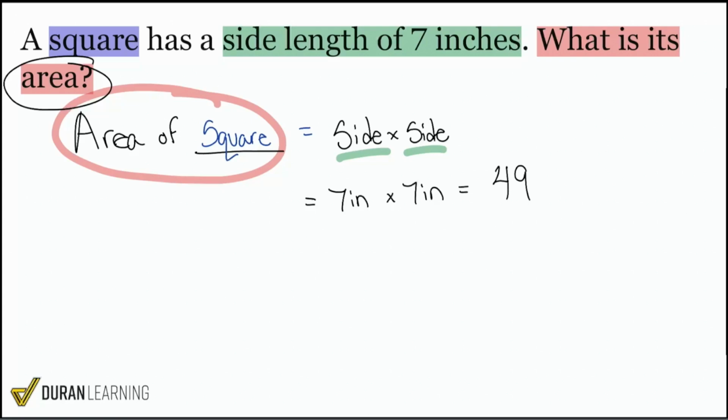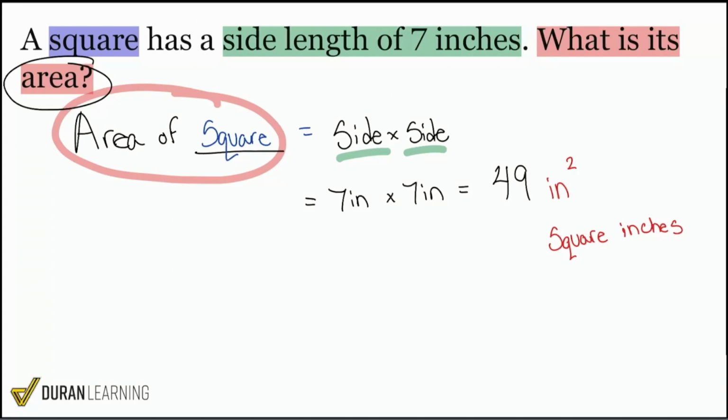Whenever we are calculating area, my party people, area is a 2-dimensional unit. So it's going to be square inches. You can write it like this, inches squared, or you can say square inches. Either way works, but this is really, really important.